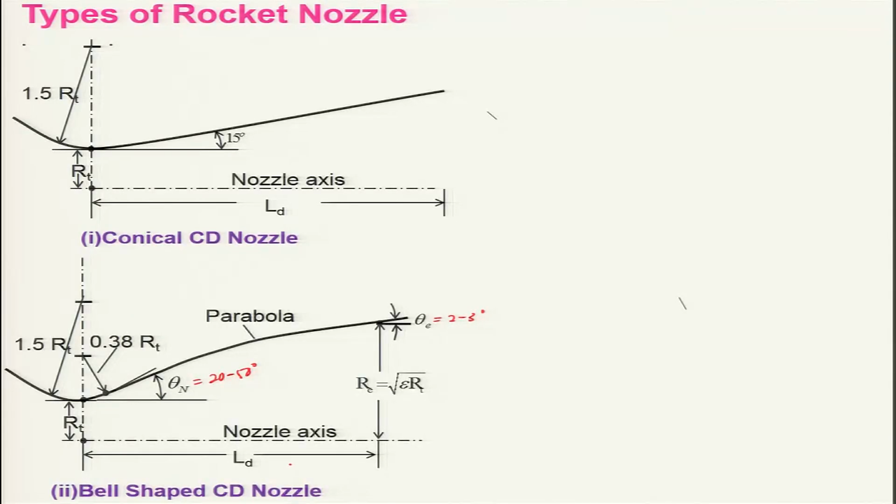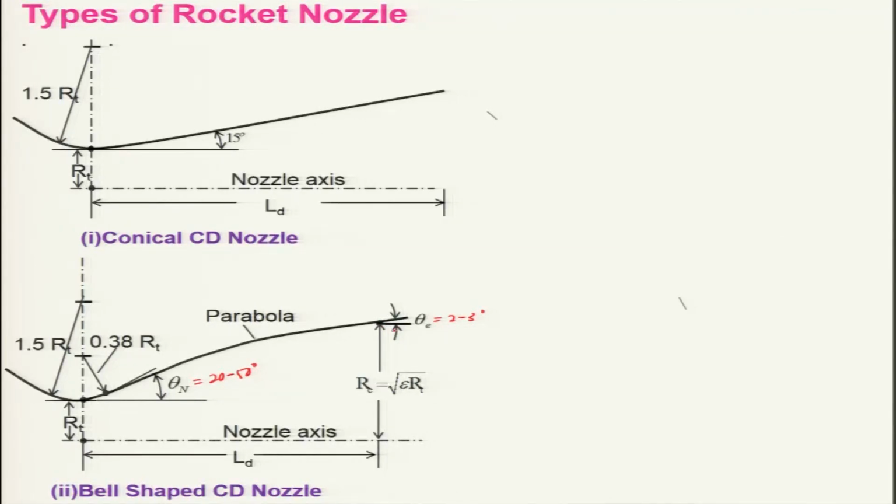This bell shaped CD nozzle was basically designed by Dr. Rao for the first time, and he has of course mentioned various radii for different rocket nozzle sizes and shapes. Keep in mind that this is very much used, in order to overcome the problems of flow separation in the rocket nozzle.